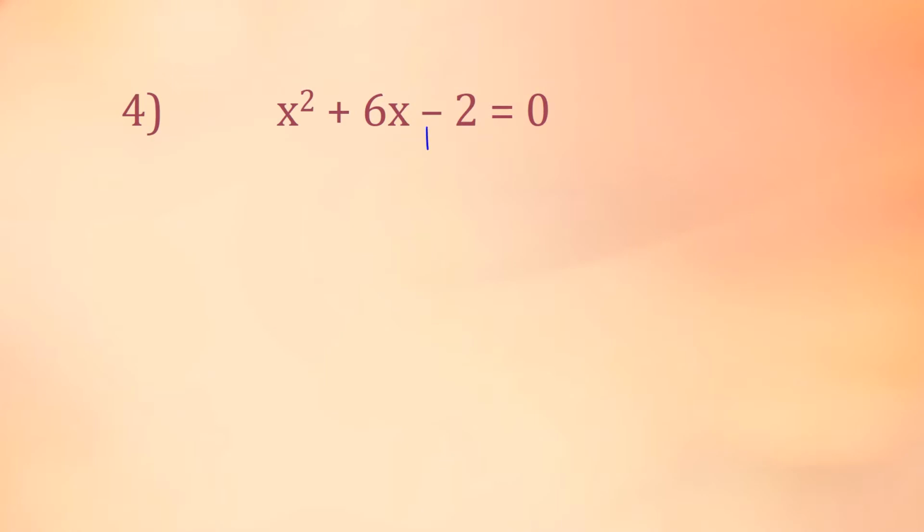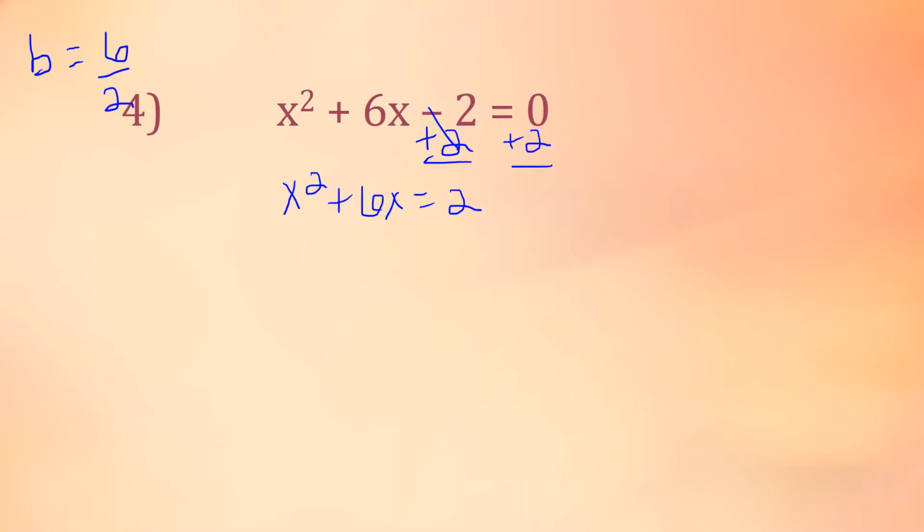Okay, we're going to do one more together. Okay, so my B is 6. Divide that by 2, I get 3.